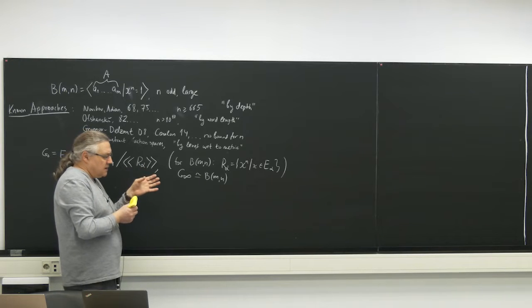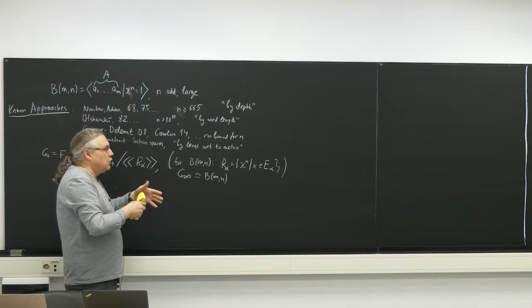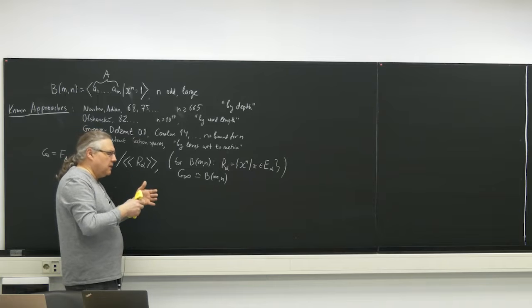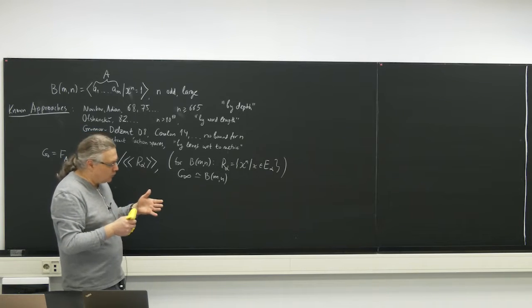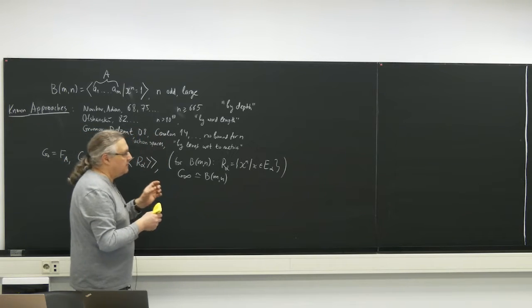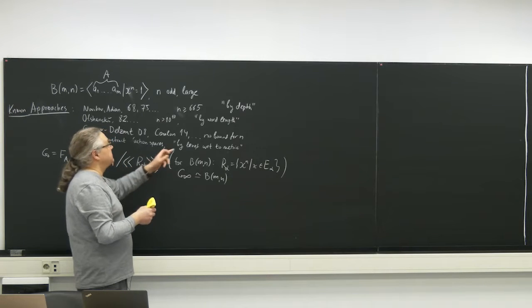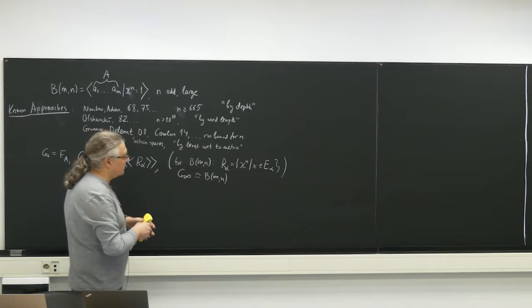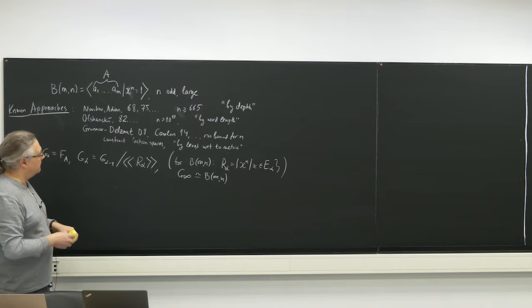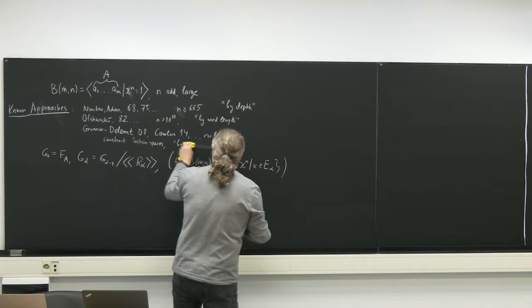If we have a space on which a hyperbolic or hyperbolic-like group acts, then for every element we have a translation length.